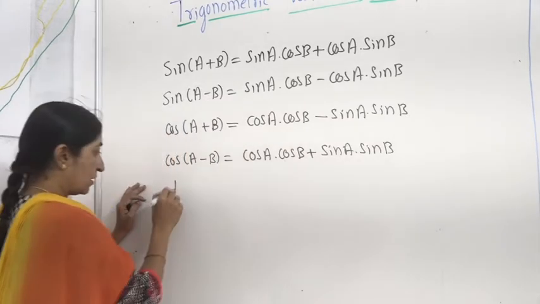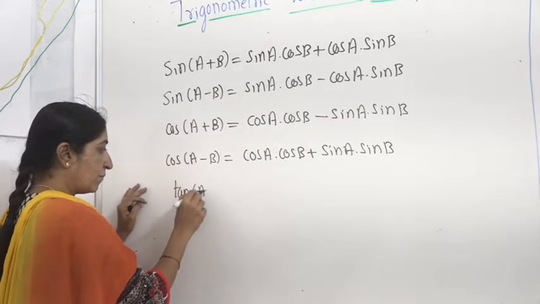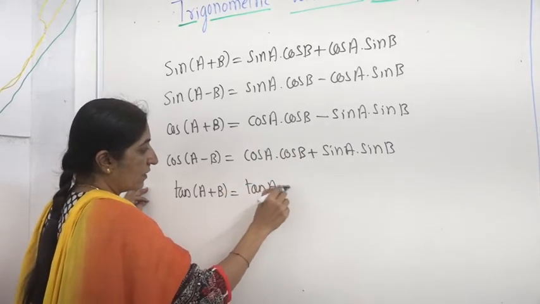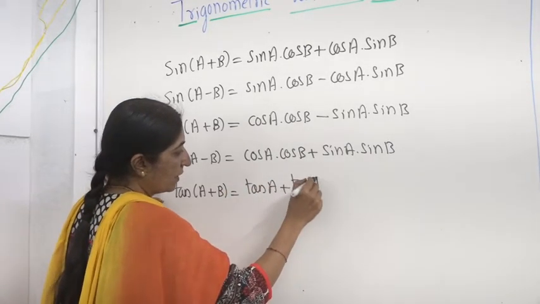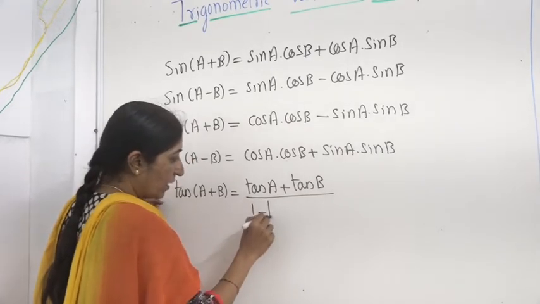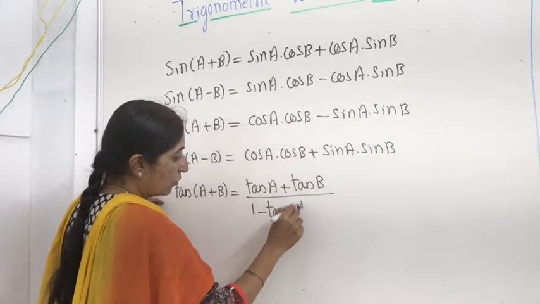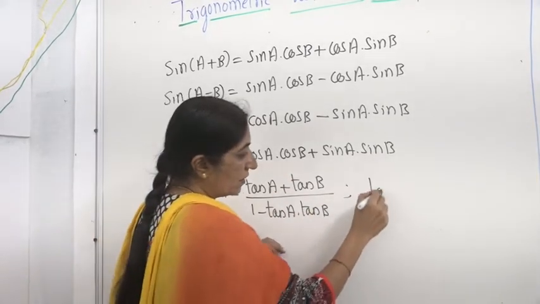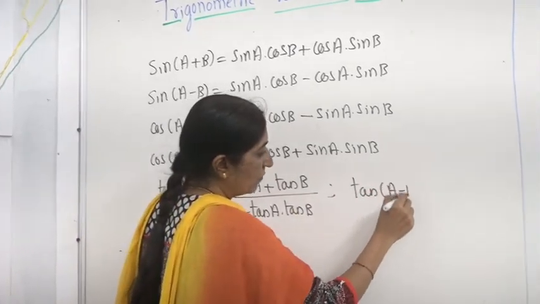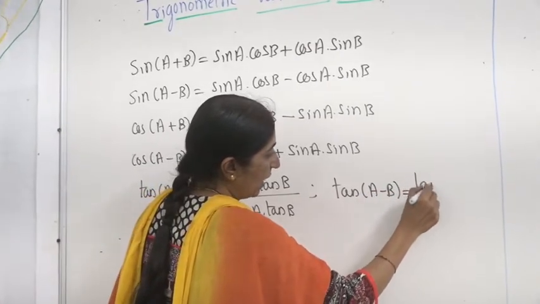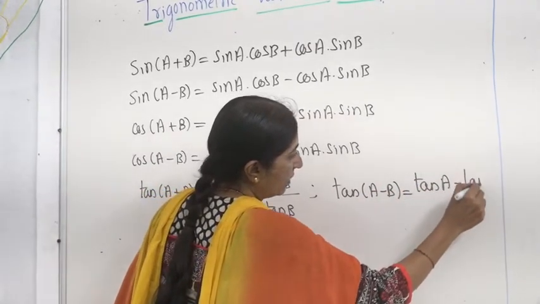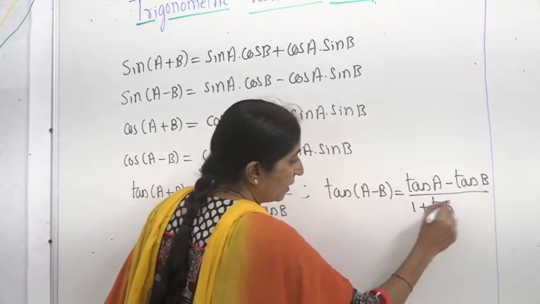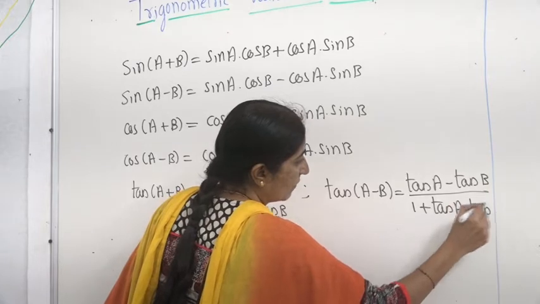The next one, tan(A+B) = (tan A + tan B) / (1 - tan A tan B). Exactly opposite I am writing tan(A-B) = (tan A - tan B) / (1 + tan A tan B).